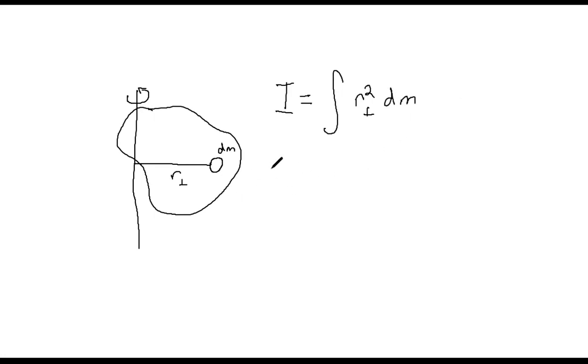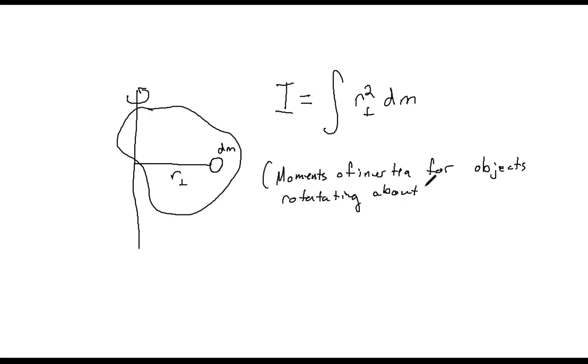And implicit in this is that the moments of inertia for objects rotating about a common axis simply add.